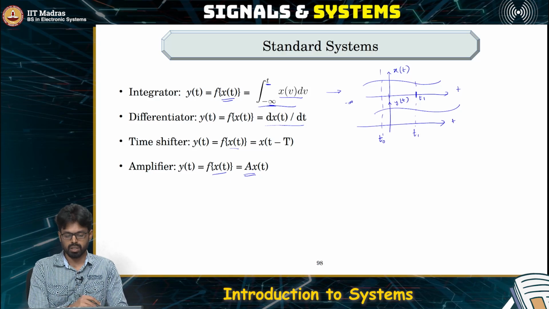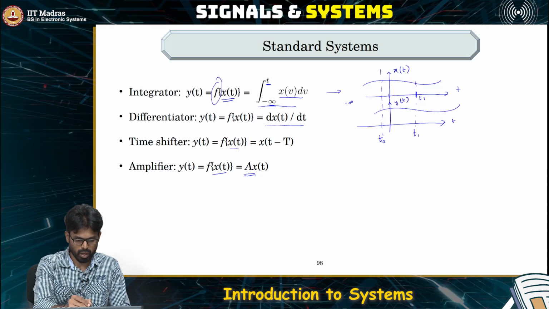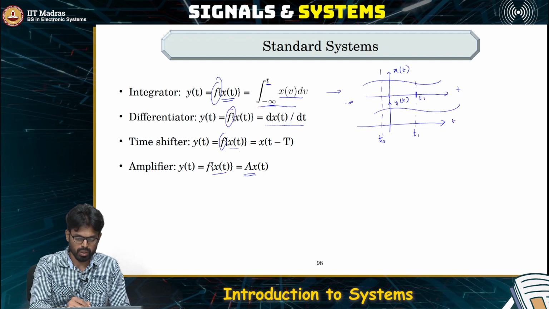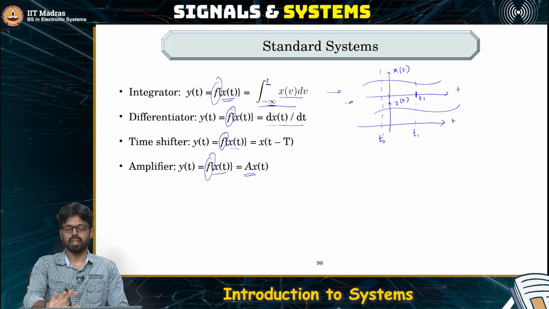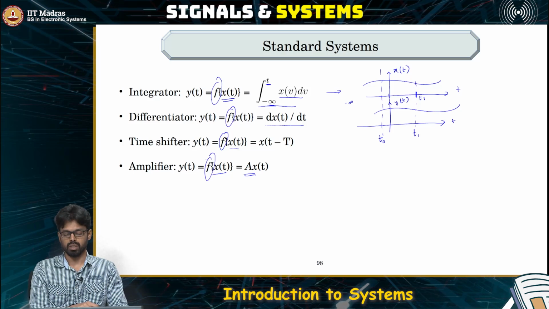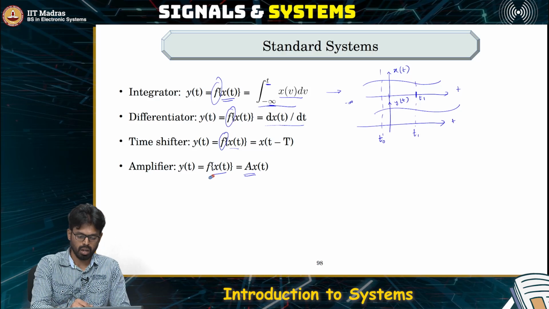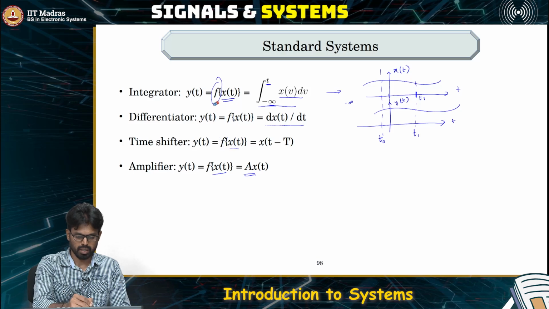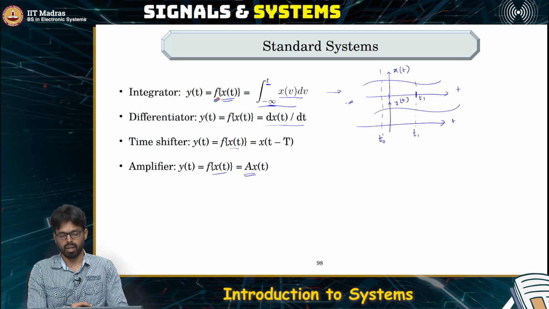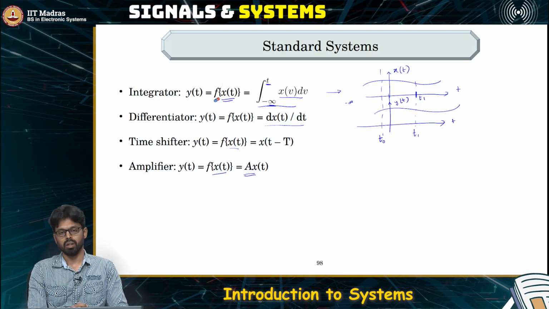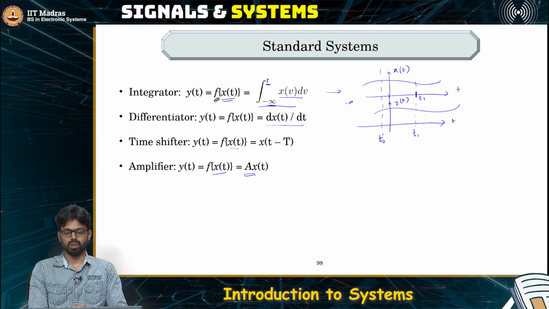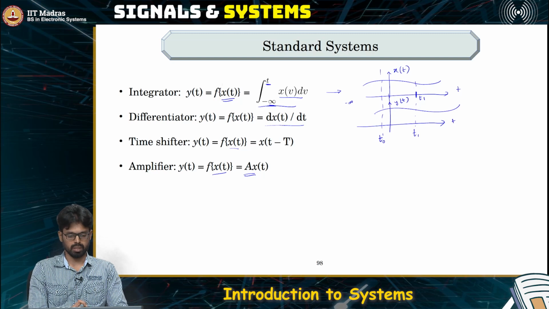The nice thing about these systems is we completely know them already. This f function is already known, which means that we can fully characterize these systems. We know everything about their input-output relationship. Now, if there is something different other than these, how do we characterize them? That's the question we want to answer. In order to characterize these systems, first we need to understand certain properties of the systems.